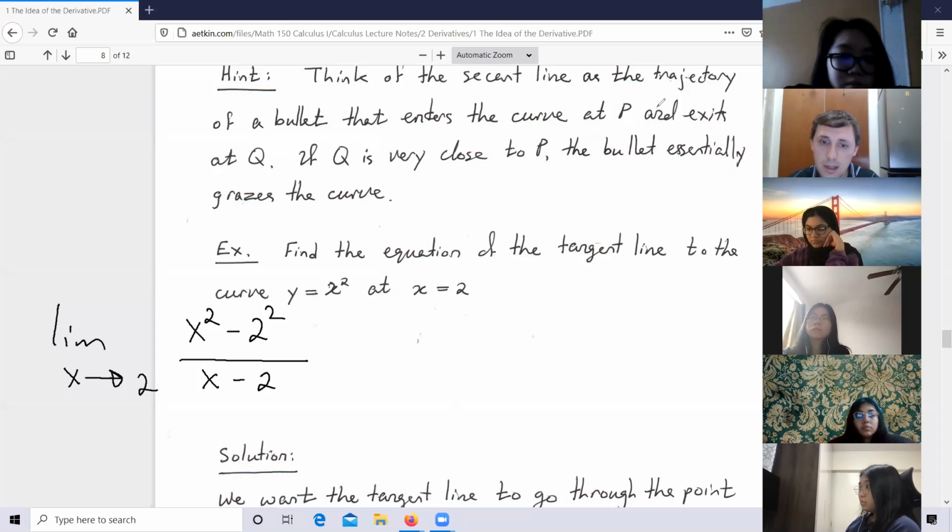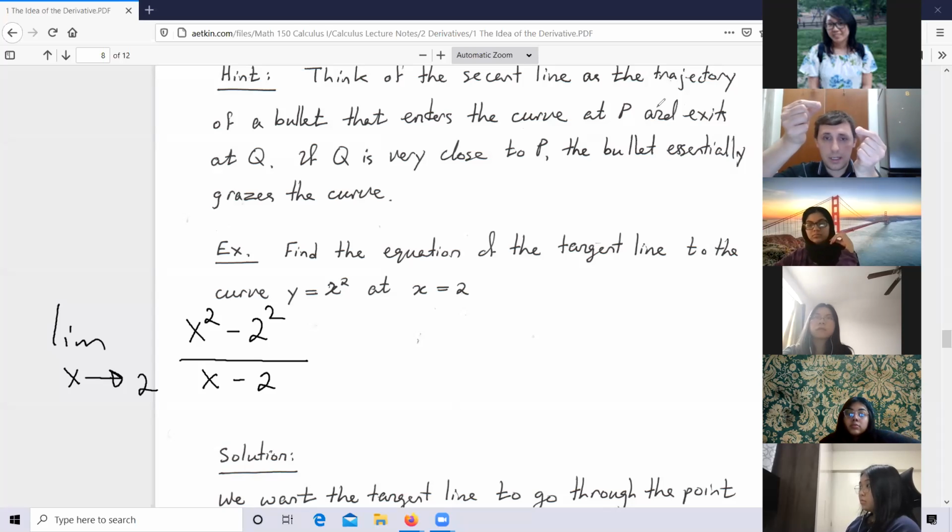Yes? Basically the line intersects the curve in 2 points. I want the line to intersect the curve in 1 point. So what do I do? I slide the other point towards the first. And that looks like it's intersecting in one point. Again, guys, do you see that picture?